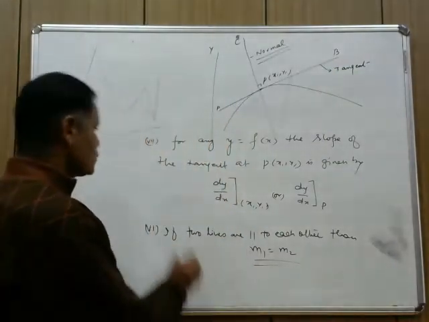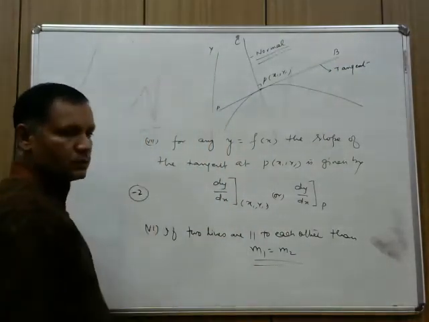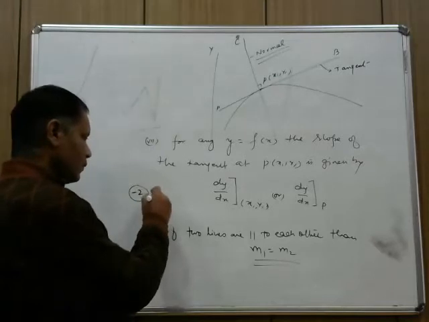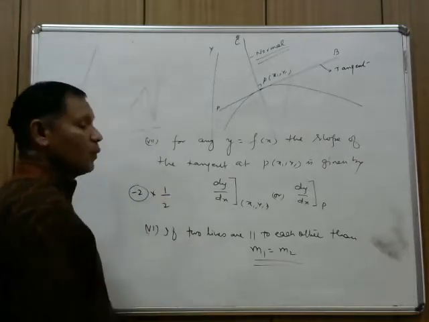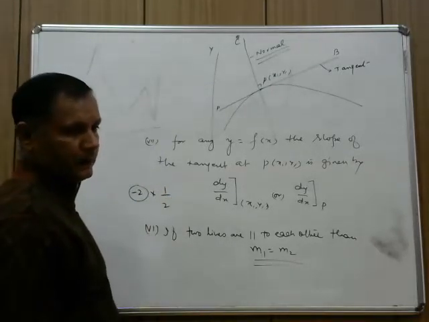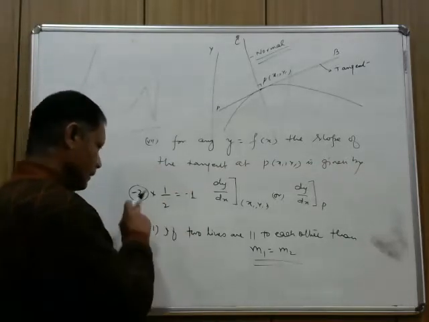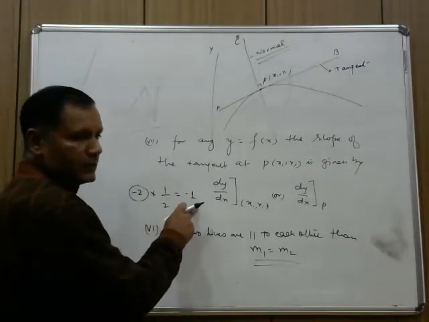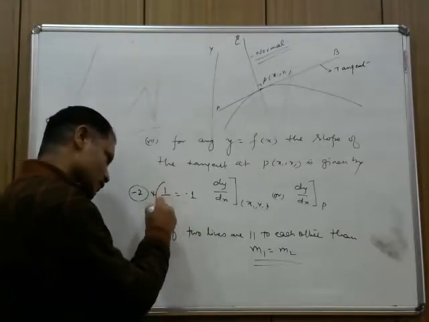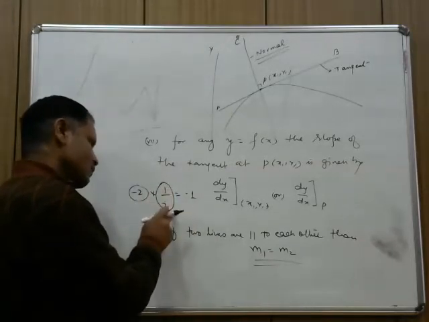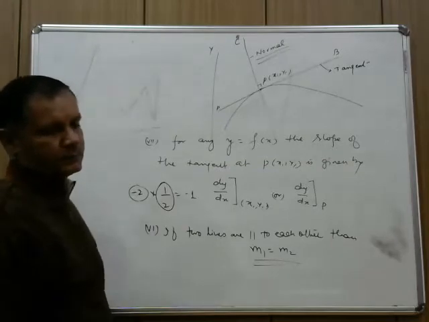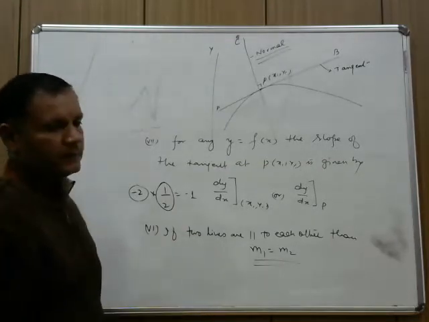That means if the slope of the tangent is minus 2, then the slope of the normal will be simply 1 upon 2, right? Because the result should be minus 1: m1 into m2 is equal to minus 1. Or if this is the slope of normal, then the slope of the tangent will be minus 2. This relation we have to remember.